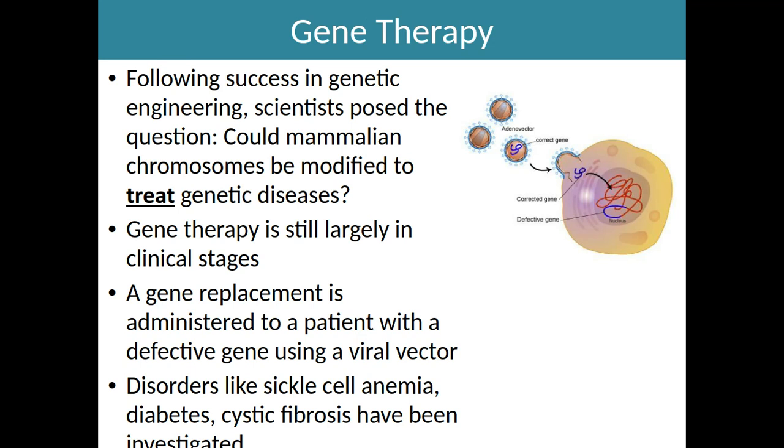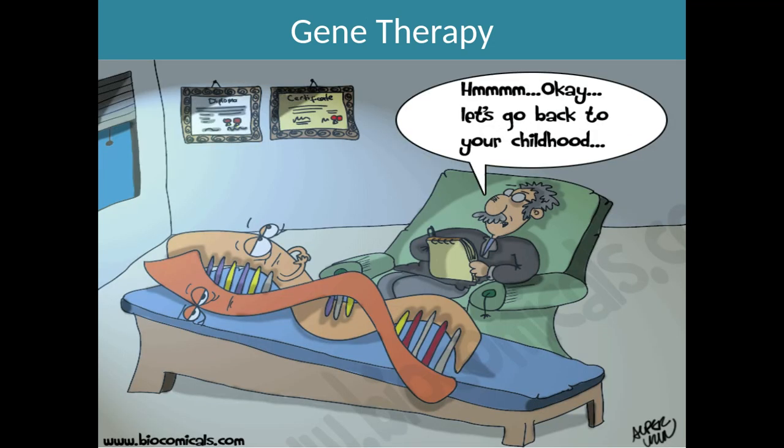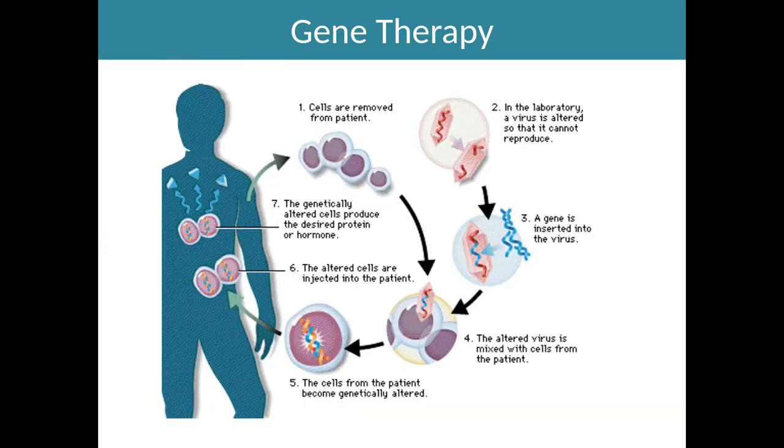It's essentially taking a good gene and replacing the defective gene with that good gene. They're hoping to possibly cure things like sickle cell anemia, diabetes, cystic fibrosis, all of these things where we can remove a bad gene and fix it with a good gene. You can read a little bit, and there's a picture and a diagram about it right here. This is in your notes, so you can see how that works.